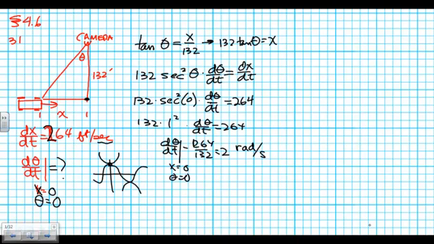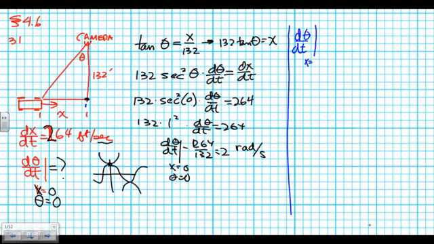Now they have another question, and that is, what about a half second later? How is the angle going to change? Well, where is the car a half second later? It's no longer here.